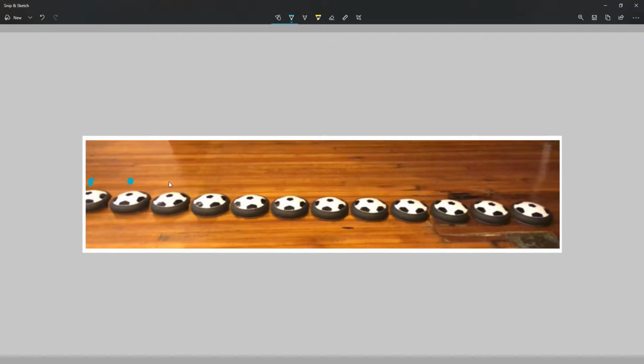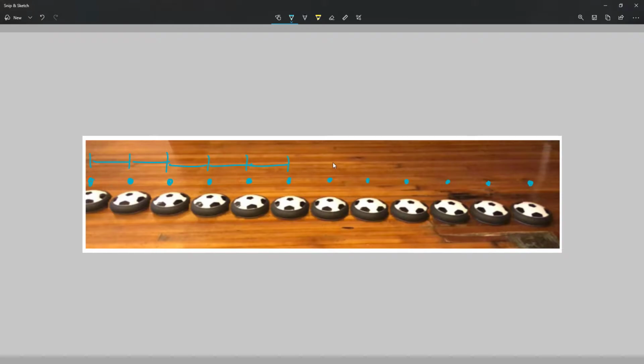So if we draw a dot over each object, each time interval, we can see that the object is traveling an equal distance each second.